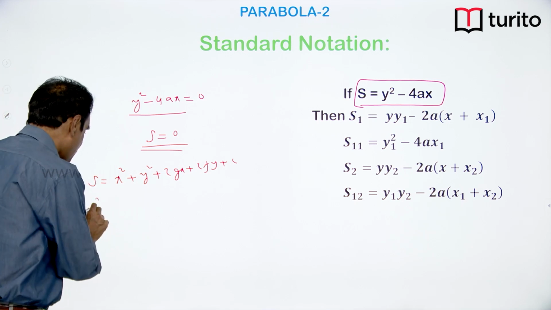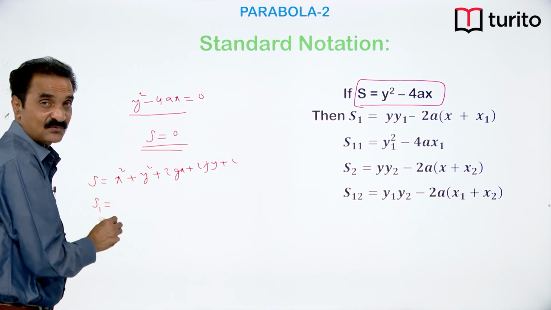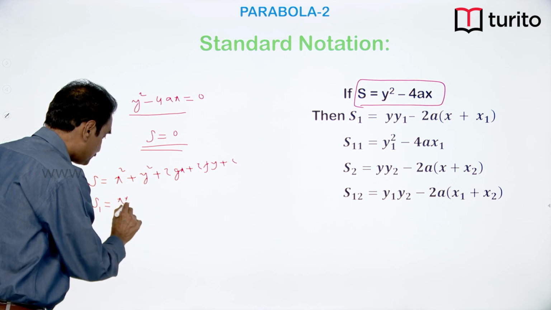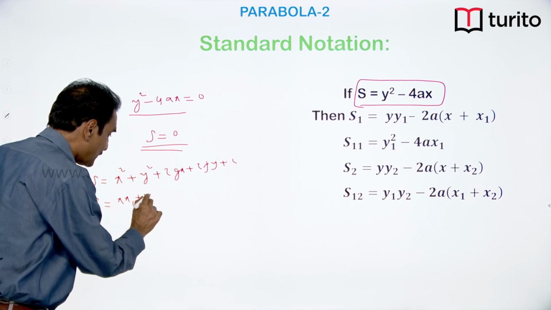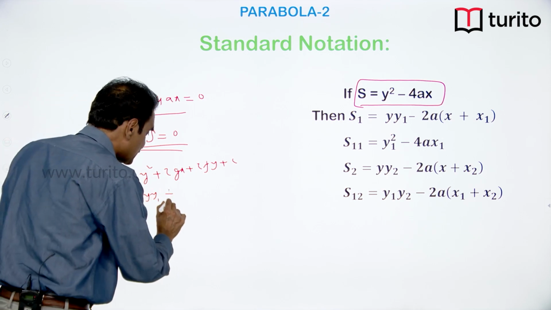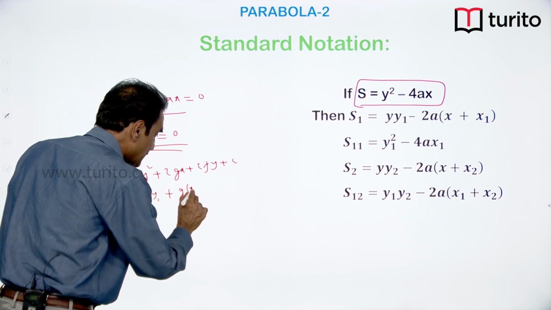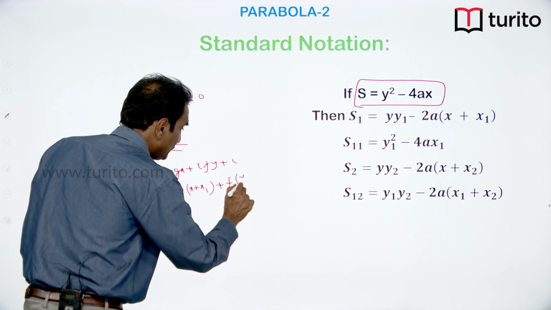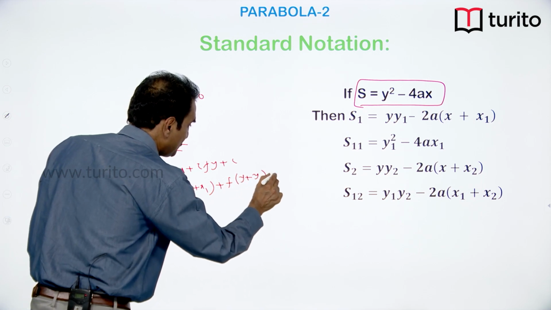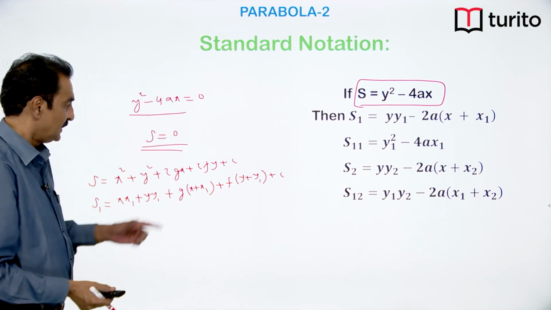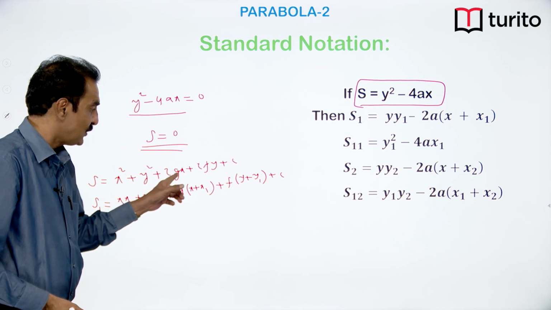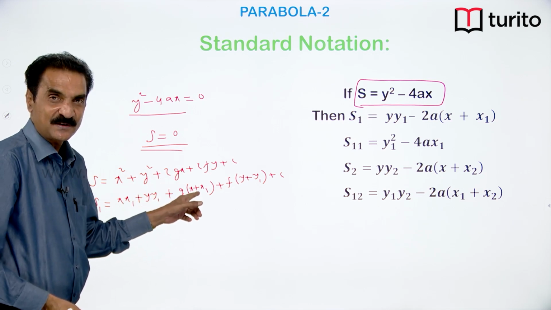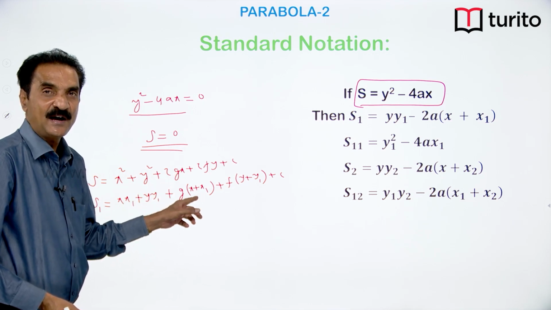Then what is S1? It is x x1 plus y y1 plus g into (x plus x1) plus f into (y plus y1) plus c. Here g into 2x, 2x is expressed as x plus x, and one x is changed to x1.